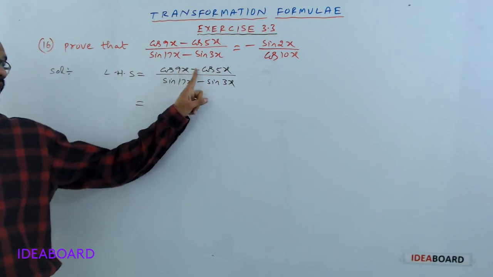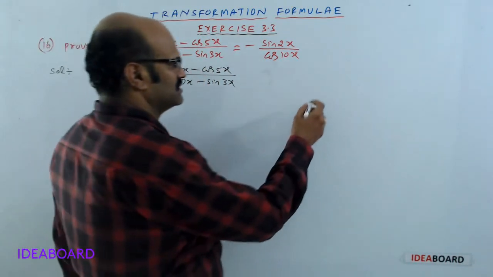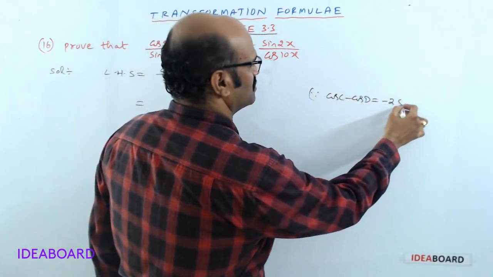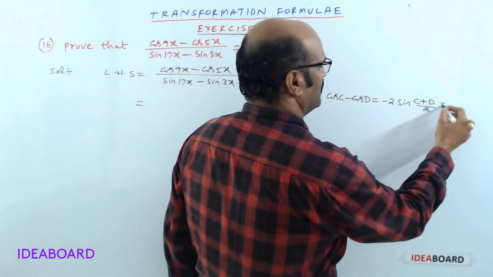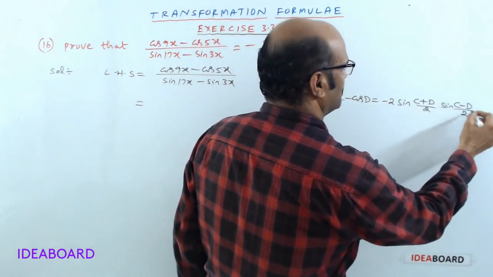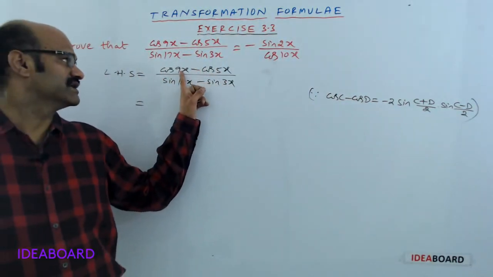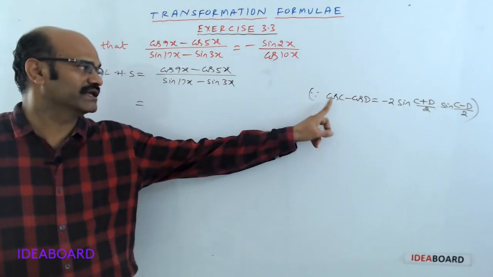Now here it is in the form of cos c minus cos d. So cos c minus cos d equal to minus 2 into sin of (c plus d) by 2 into sin of (c minus d) by 2. Since it's in the form of cos c minus cos d, here we have to take this formula.